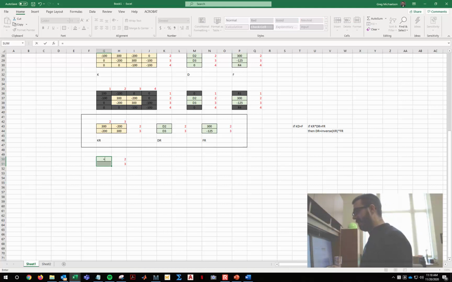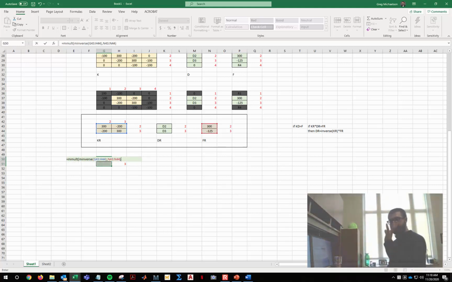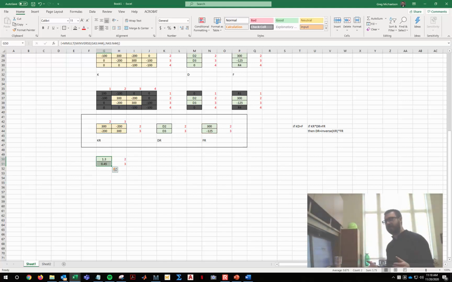I'm going to say equals matrix multiplication. So I'm doing matrix multiplication of two matrices. The first is the inverse of this 2 by 2, comma. So I close that and then comma. And then the second is this force vector. And then once your formula is written, Control, Shift, Enter. And there's your matrix multiplication.